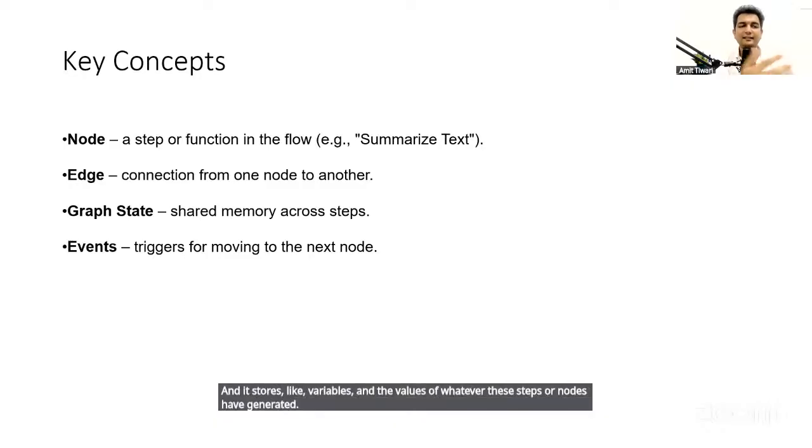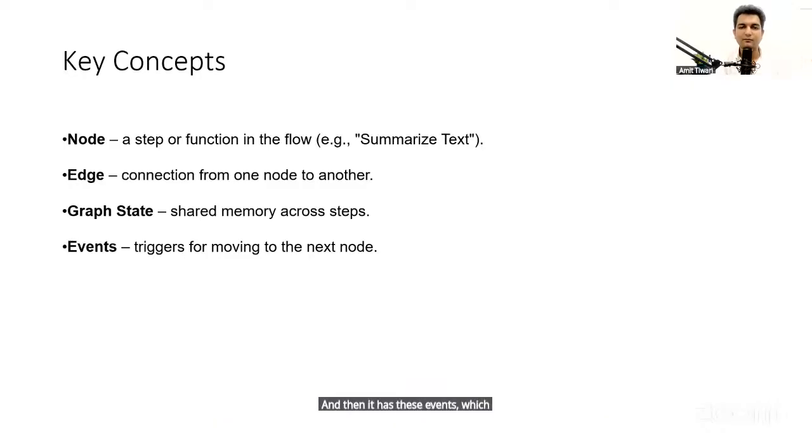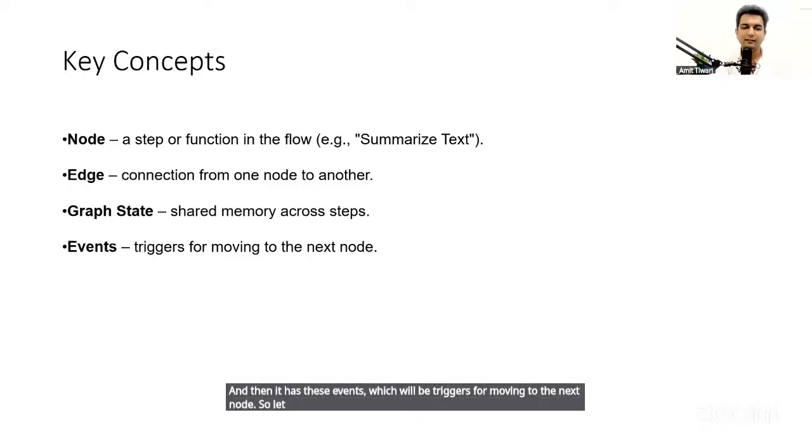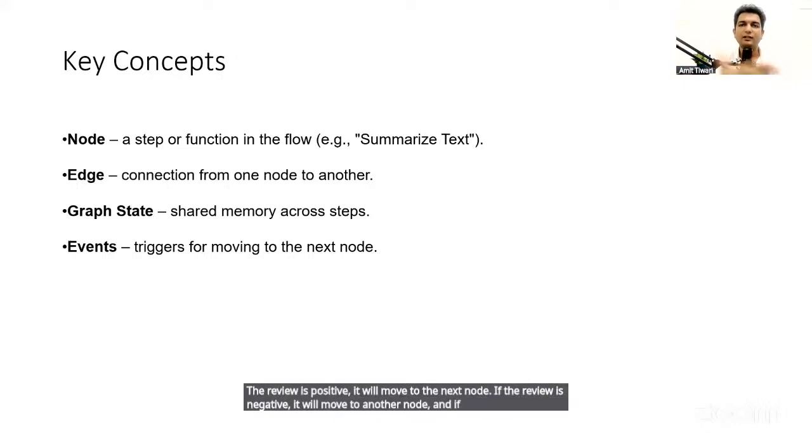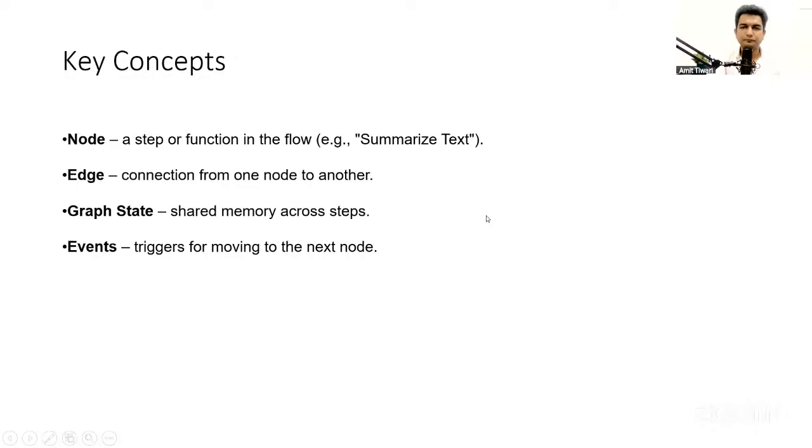And then there are events which will be triggers for moving to the next node. So in our example, if the review is positive, it will move to the next node. If the review is negative, it will move to another node. And if the review is neutral, then it will move to another node.